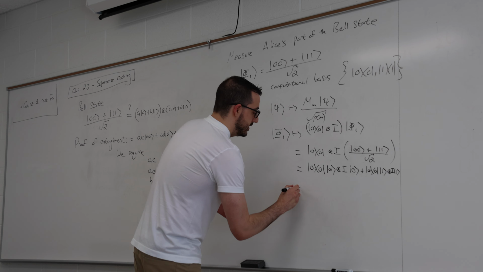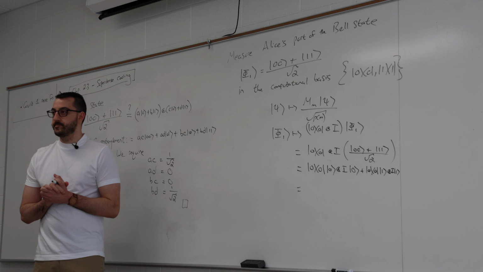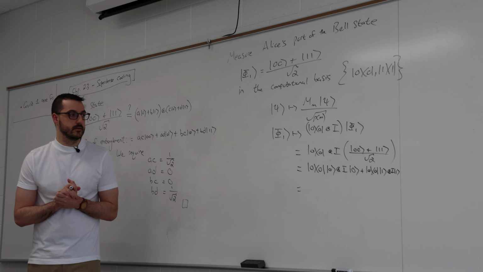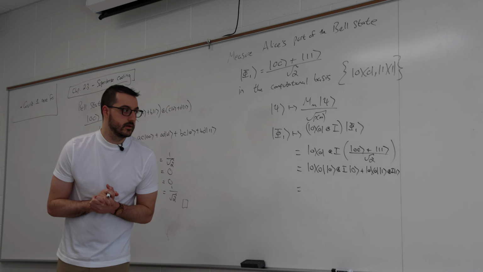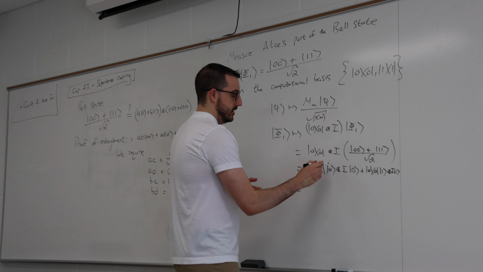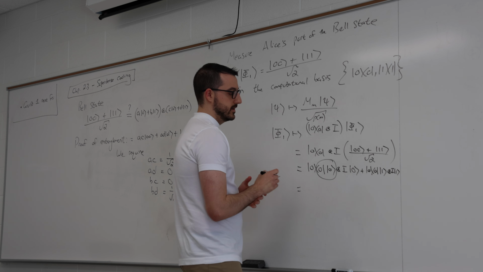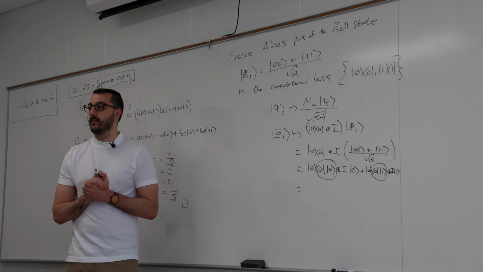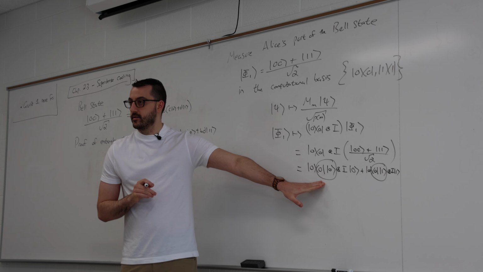So who could tell me what this simplifies to? You have 2 inner products to evaluate. This <0|0> and this <0|1>. The first one is 1, right?